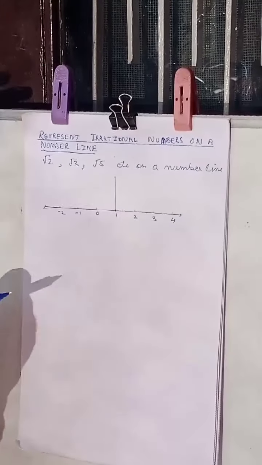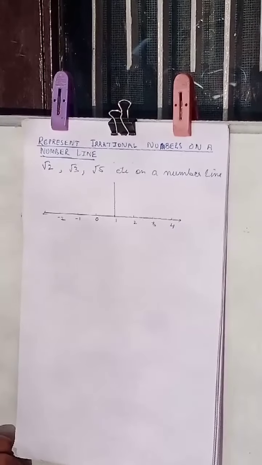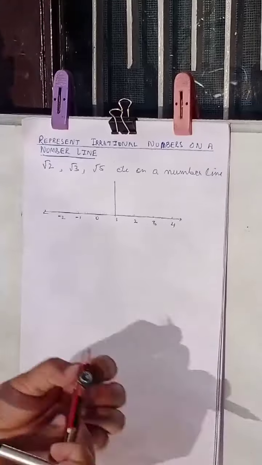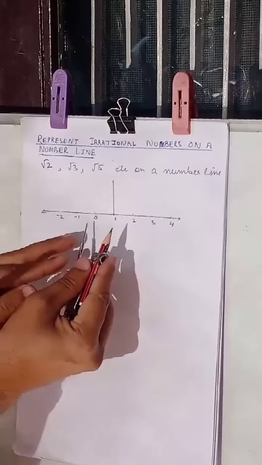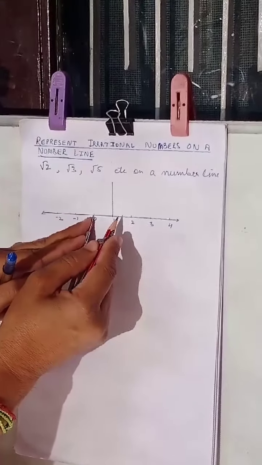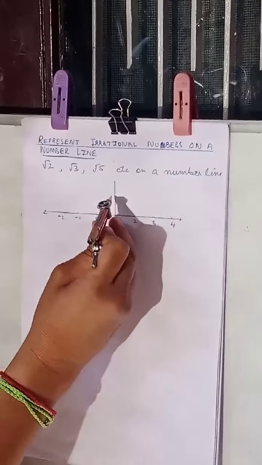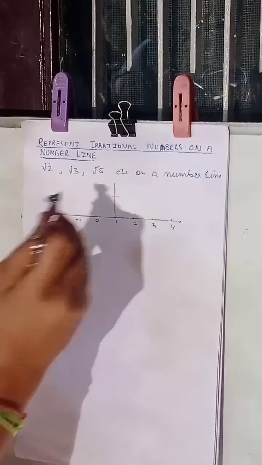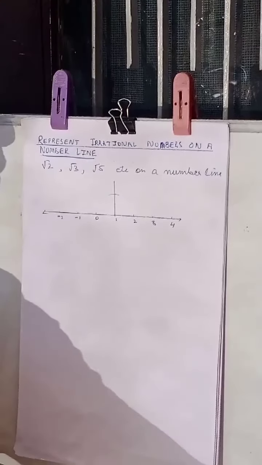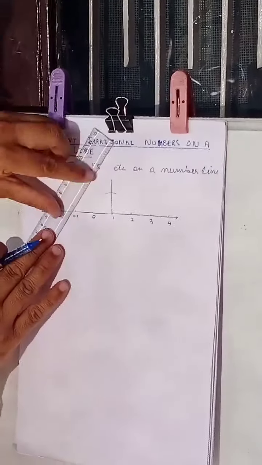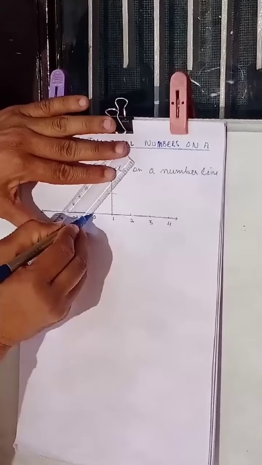Now, with the help of a compass, you have to draw an arc of the same radius. बेटा जितना यहाँ से यहाँ का डिस्टेंस था उतने ही डिस्टेंस की यहाँ से रख के एक आर्क लगा देंगे. Then join this point with 0.